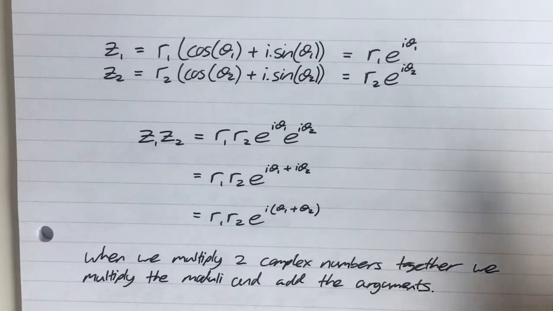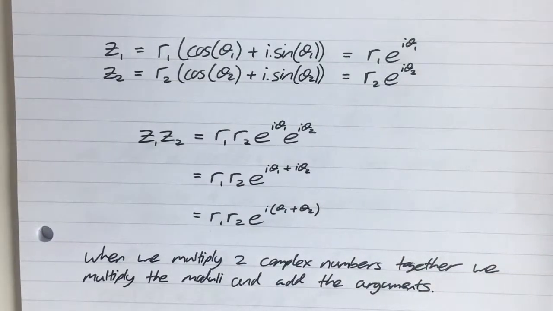Of course, by adding the arguments, if you then go out of the principal range, so say you go greater than pi, you would need to subtract 2 pi from that to bring it back into the range. But it's not a major issue.